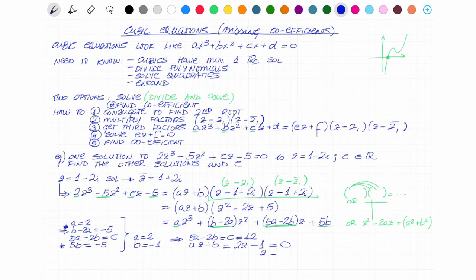And now you can solve it there. That gives you a 1/2. So you've got two of the solutions here, the third one here, and your coefficient.